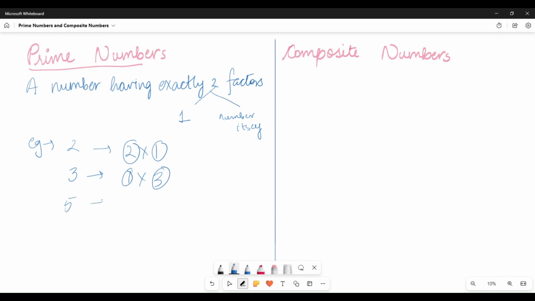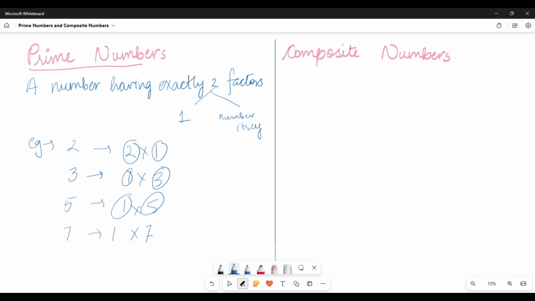Similarly, 5 is what? 1 times 5. So 1 and the number 5 itself. There is no other way of writing 5 as well. Similarly, 7 is what? 1 times 7. And then there are other numbers like 11 and 13 and so on. Those are also prime numbers because they don't have any other factor other than 1 and the number itself. So prime numbers have exactly two factors.